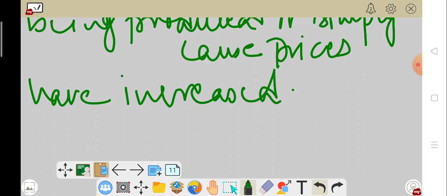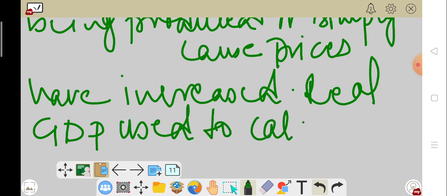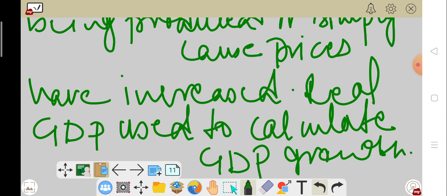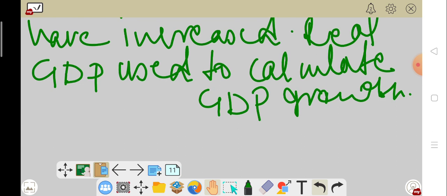Real GDP is used to calculate GDP growth. Obviously, it's adjusted for inflation, and because of that we know the difference, how much the price increased, right?